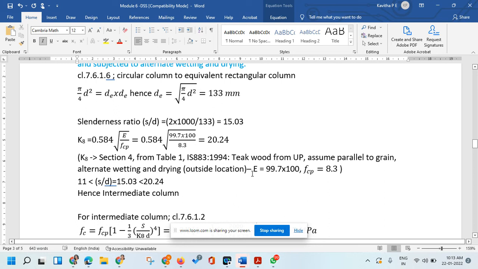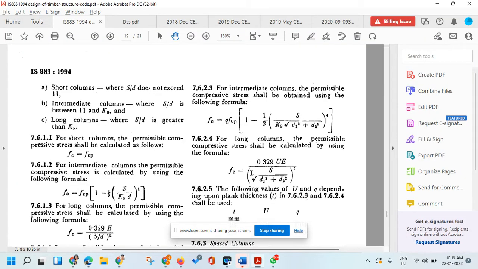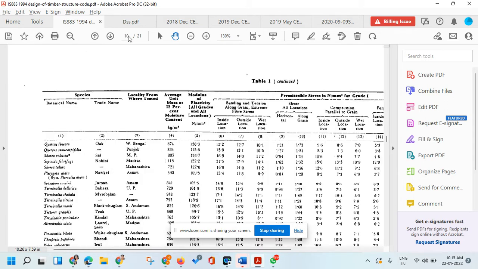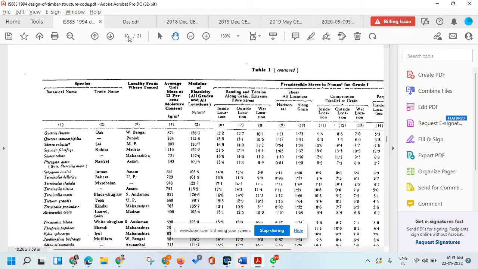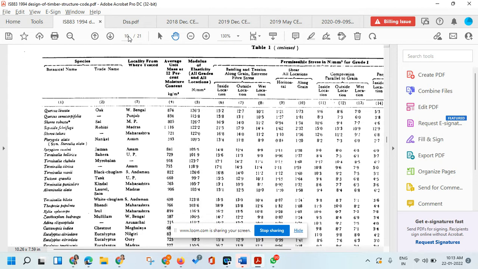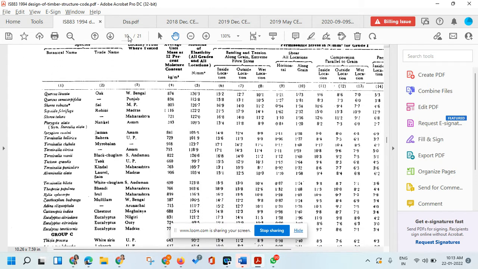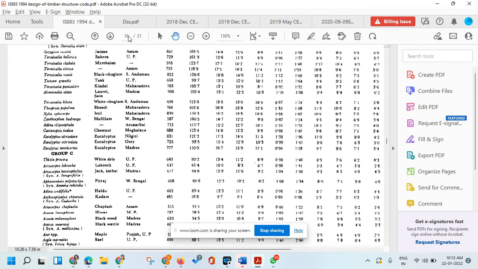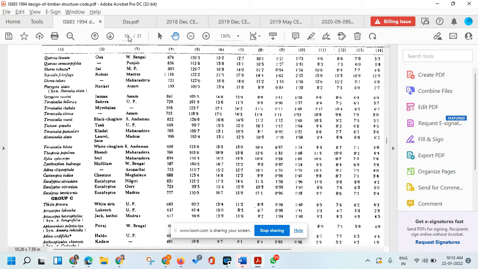So I am assuming teak wood, and I am taking the properties of teak wood from the IS code. In the IS code, I have to go back to the table where I have to locate the teak wood. I have already located it in this page. You can just go through and get the teak wood. Okay, fine. This is teak.